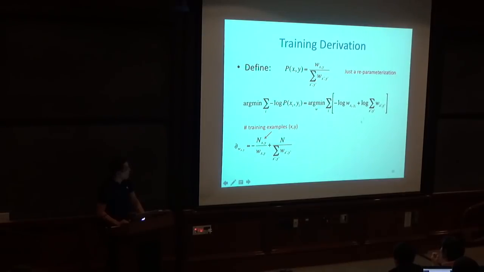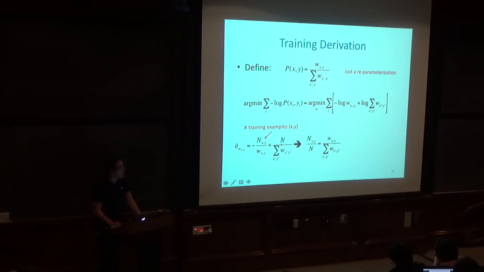And the second part appears in every instance in the training example. For every instance in the training example, this xy appears in the sum, because the sum's over all possible xy. So the derivative of the log of something is 1 over that, and then that happens n times.